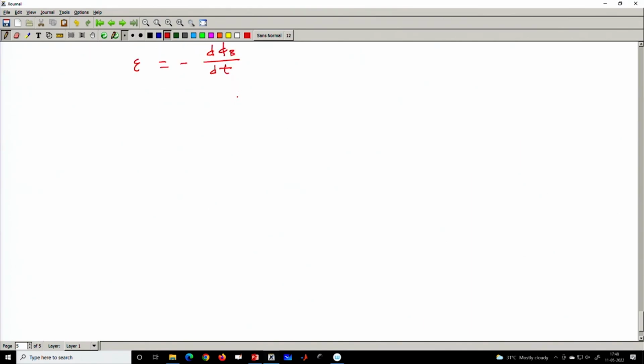The mathematical statement, if I want to write it in integral form, is the closed integral of E dot dl is equal to minus d by dt of the integral of B dot ds, where this is a surface integral.